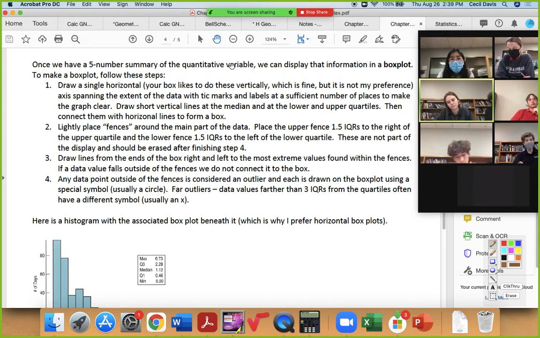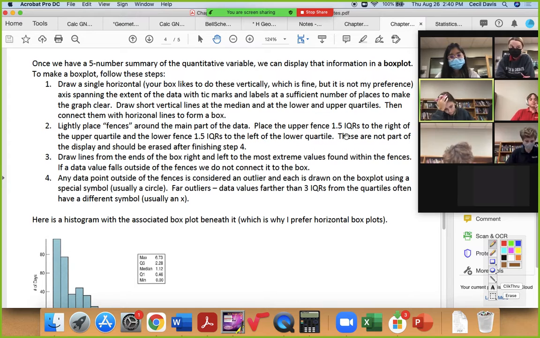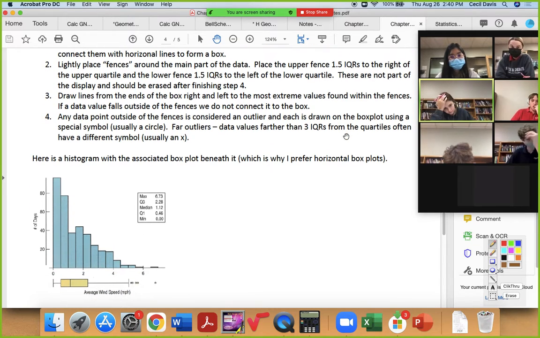So here are the steps. The one thing that's going to be different is we're going to draw fences around the main part of the data. The upper fence is going to be 1.5 IQRs to the right of the upper quartile, and the lower fence will be 1.5 IQRs to the left of the lower quartile. They're not part of the display, and so you really should erase them after you do step 4.